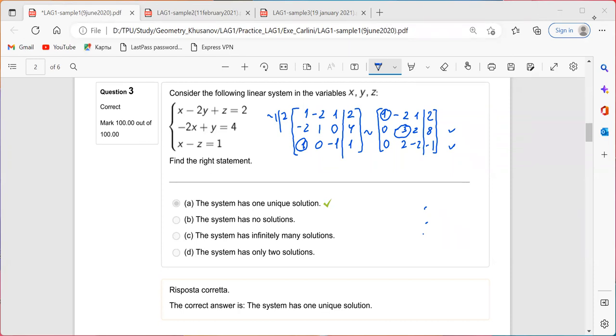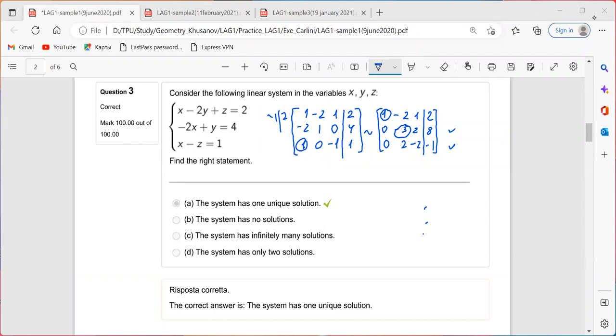That's why this matrix will be an invertible matrix, or the determinant of this matrix will differ from 0. That's why we will have a unique solution. So the system will have a unique solution. So it will be the correct answer.